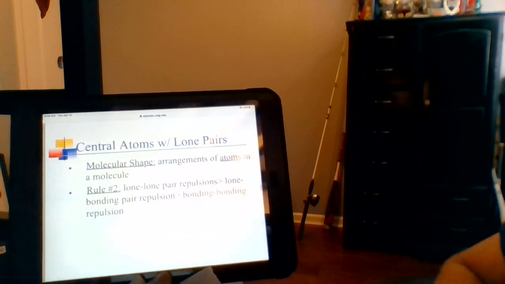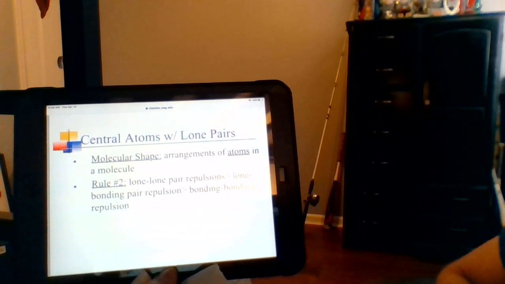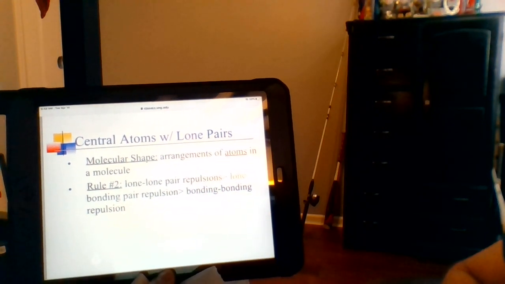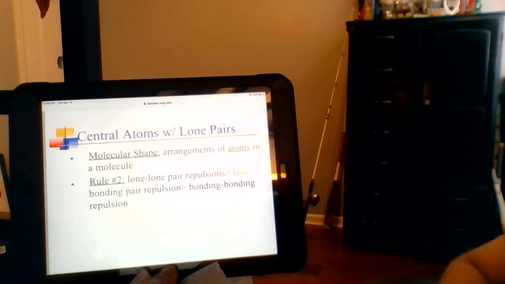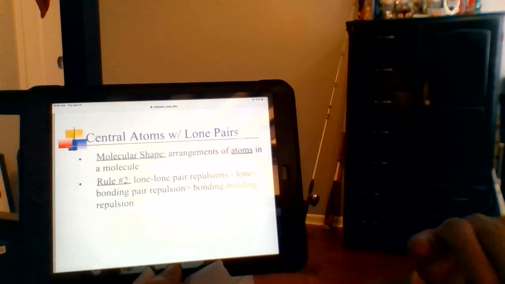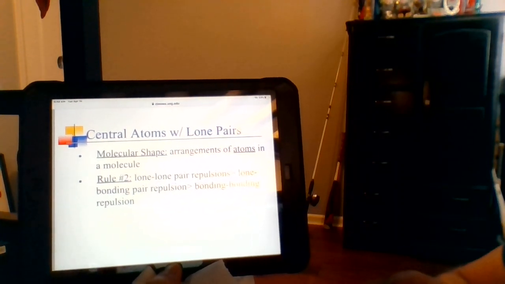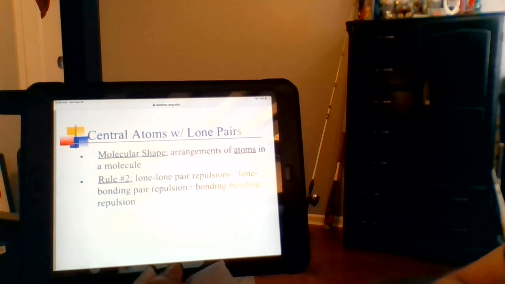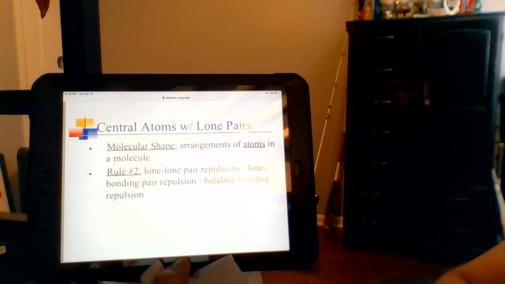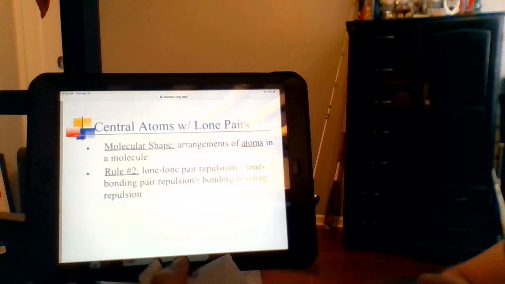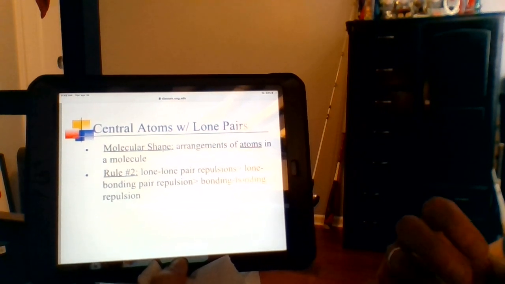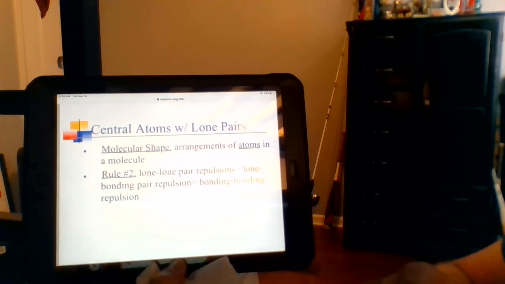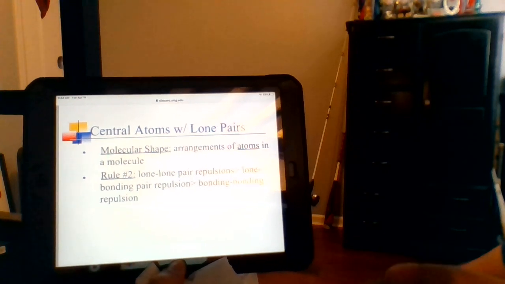Now, once we cover the basic shapes, we have to realize that those basic shapes are the foundation for what the molecule looks like. But most of the time when we draw a molecule, we focus a lot more on the atoms than the lone pairs.